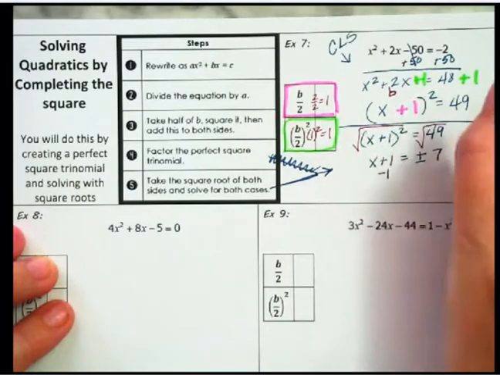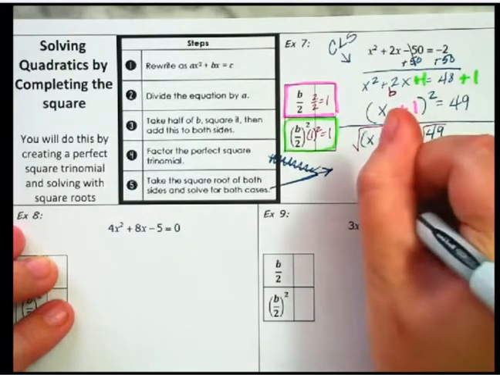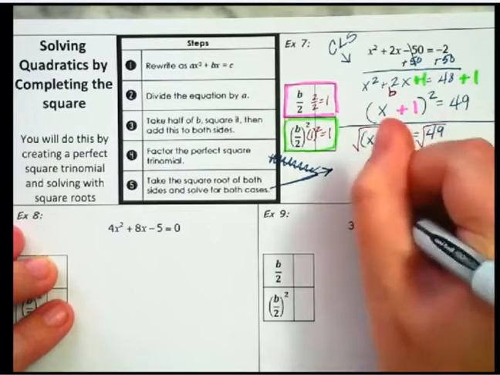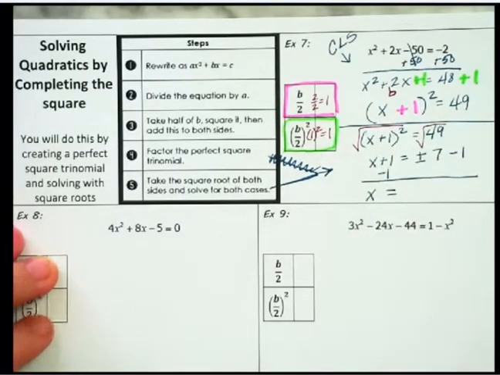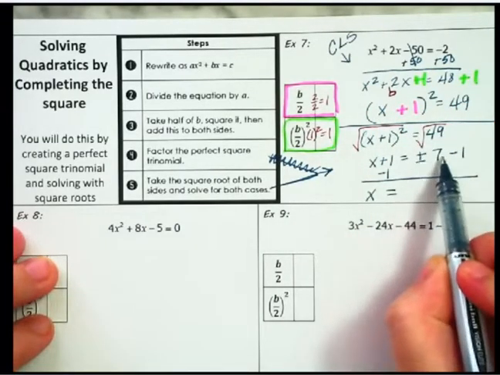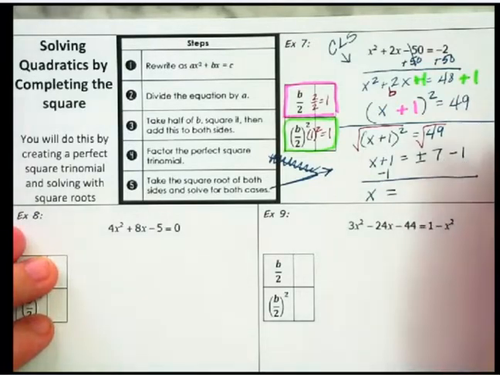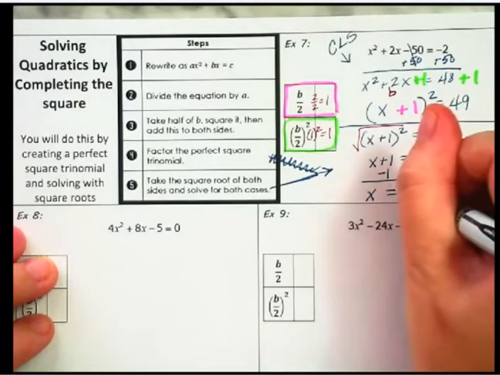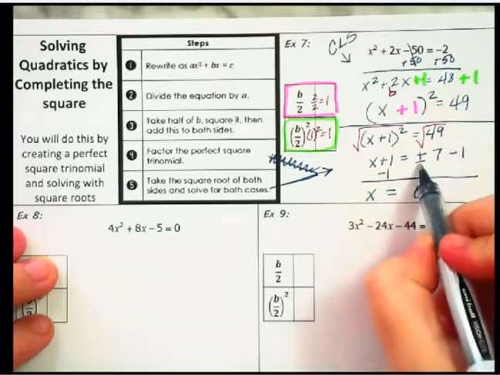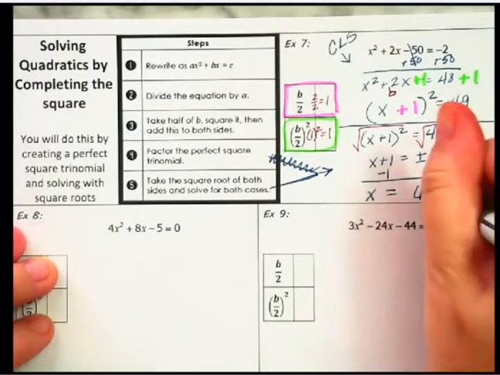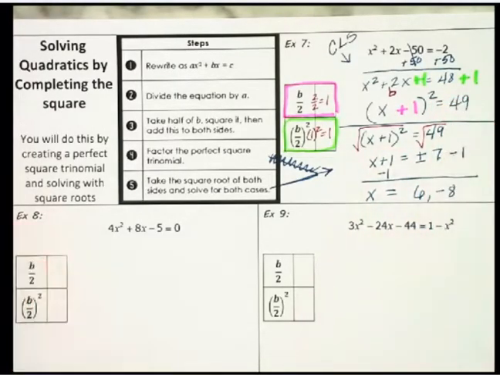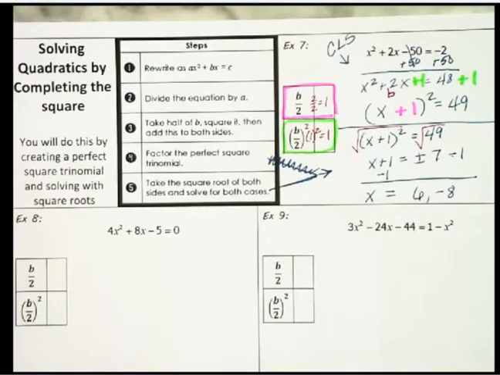And now I'm going to subtract 1 from both sides. So I get x equals positive 7 minus 1 is 6. Negative 7 minus 1 is negative 8. Okay, and those are my two solutions.